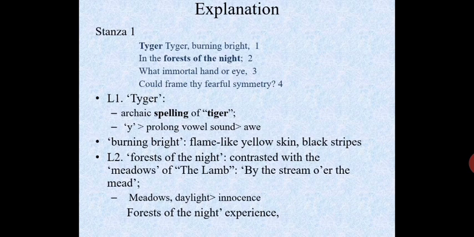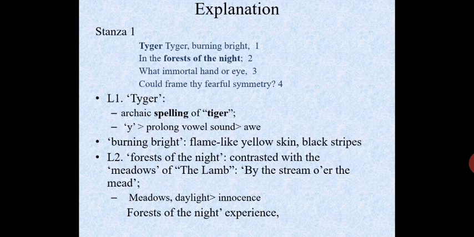The speaker is thinking of some cosmic smithy, some divine smith creating this tiger. So this tiger is at the same time the same as the tiger that we know, and at the same time different. And the speaker wants us to realize the sense of awe and amazement incorporated with the image of the tiger. So it was quite intentional that the spelling was altered.